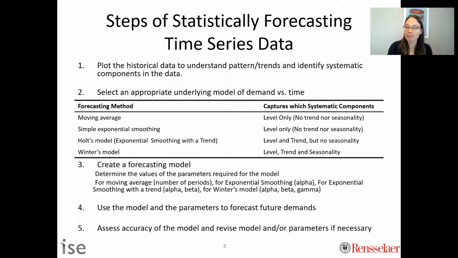Once I have created my forecasting model, I then should use it, right? So I'm going to use it to predict something in the future, and then the future happens and we observe what happens. And so we assess what I predicted versus what actually happened, and see if we need to adjust and revise our model. And because we're doing adaptive time series, we will update our estimates for these systematic components and then continue along.